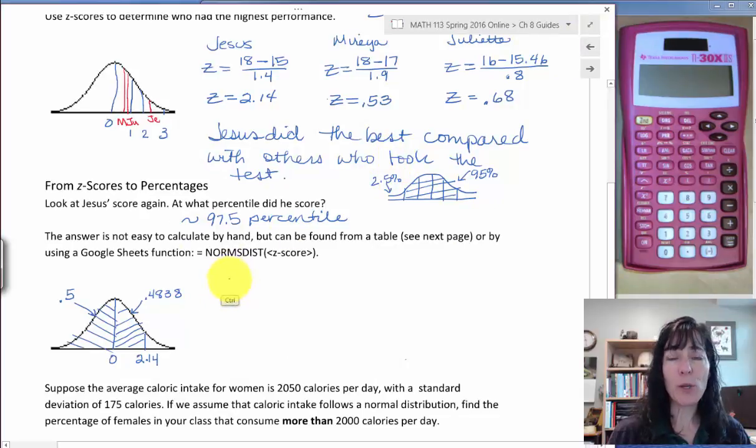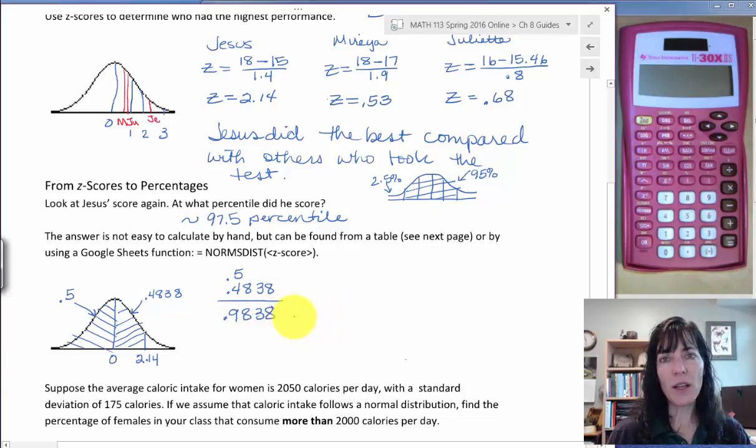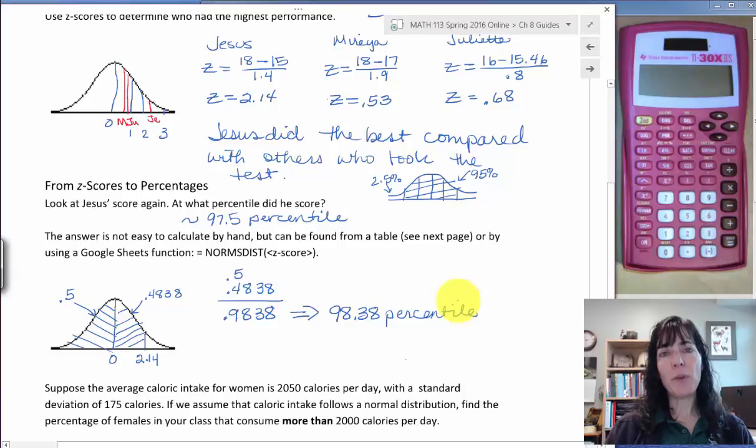And we want them both, so we will add them both up. So 0.5 plus 0.4838, and we get 0.9838, and that is not as a percent, it's as an area, but it is equivalent to, just multiply by 100, the 98.38th percentile, because to the left of this marker is 98.38% of our data, right?